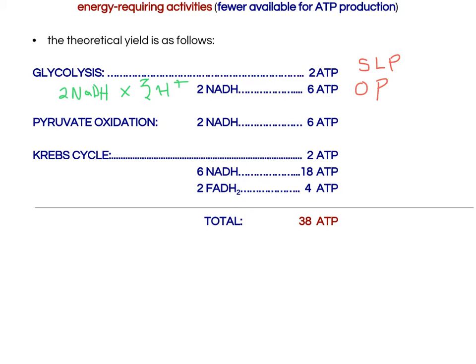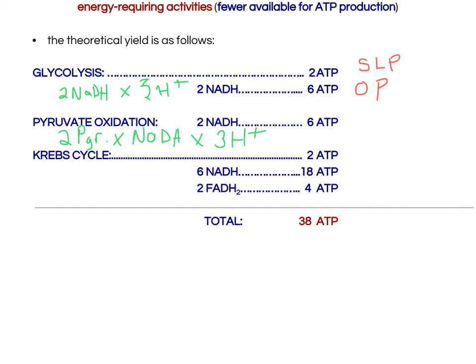Next, pyruvate oxidation. You'll remember that I have 2 pyruvate molecules. Each pyruvate is going to produce one NADH, and each NADH is pumping 3 hydrogens into the intermembrane space.